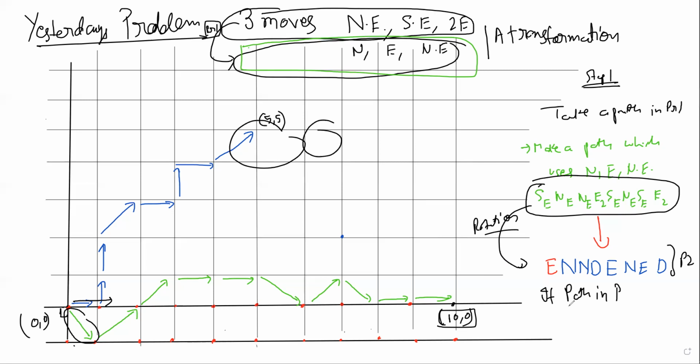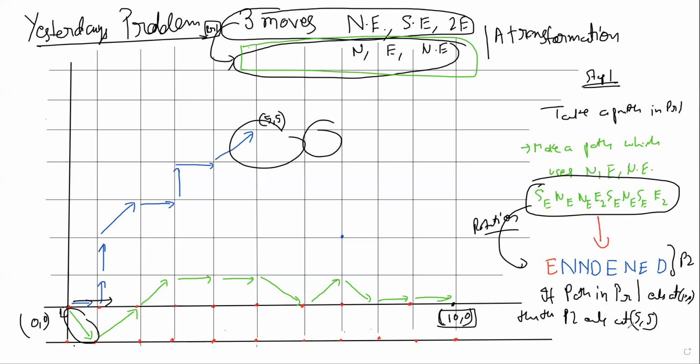But you do have to show that if a path in problem 1 ends at 10,0, then the new path, P2, ends at 5,5.